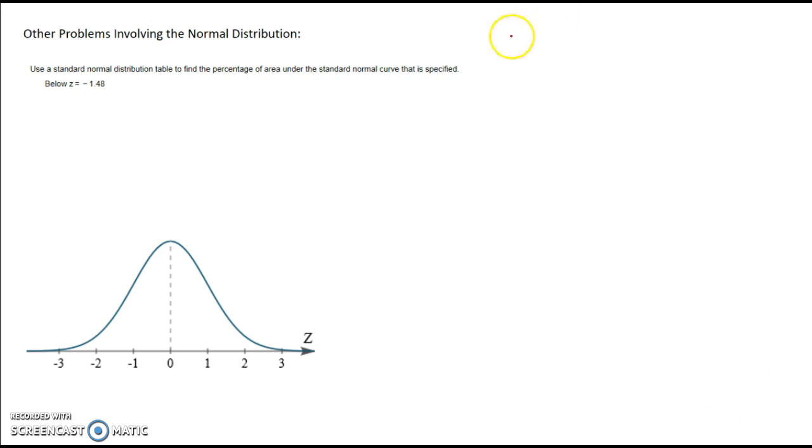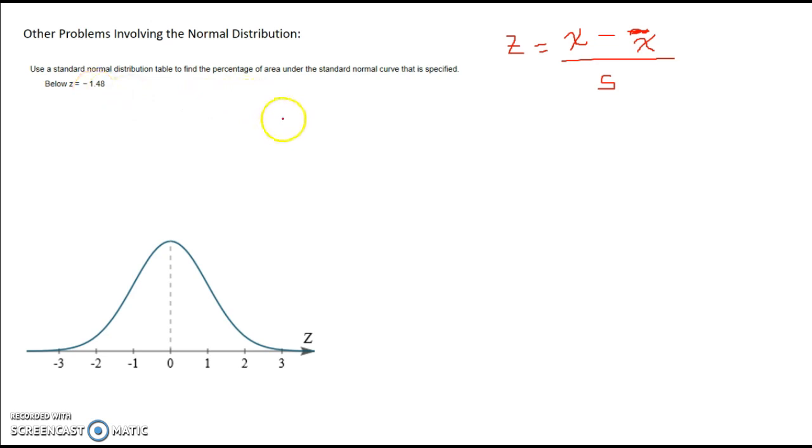So remember, to find the z-score, we take the raw score, subtract the mean, which is x bar, and then divide by the standard deviation. And that gives us a z-score. So that's what we have here.